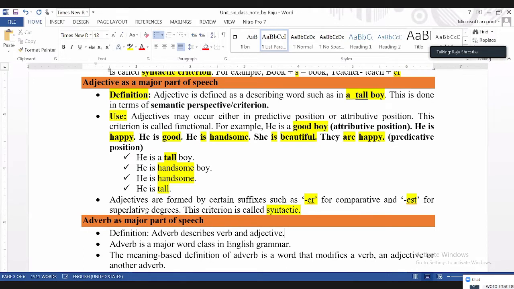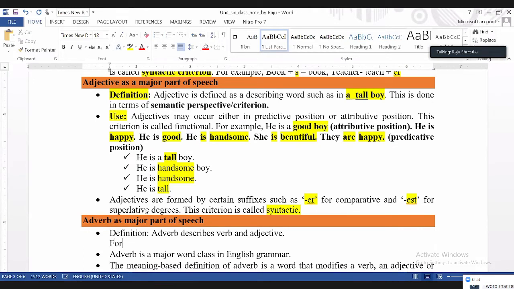ल यसको एक्जाम्पल दिउँ त. For example, adjective भनेस जस्तै slowly हैन, fast हैन, these are what, examples of what, adverbs हैन, modify हो तिनीहरु.